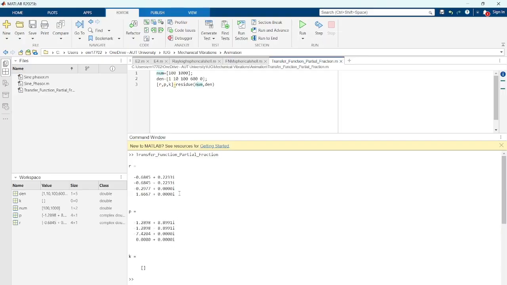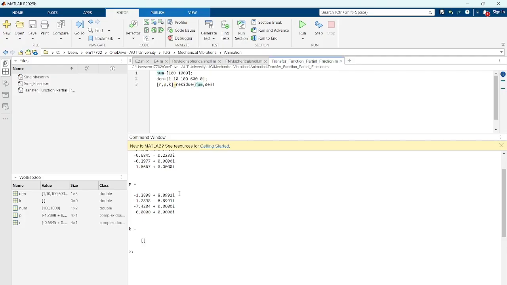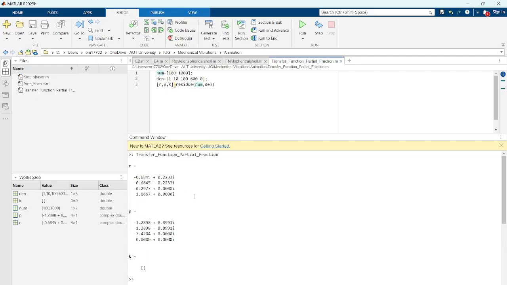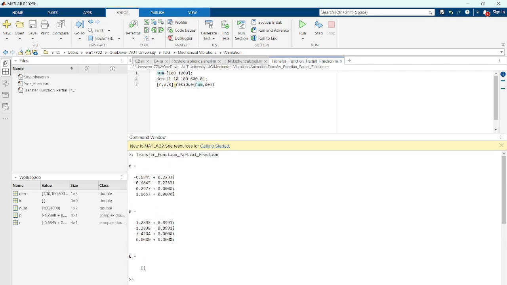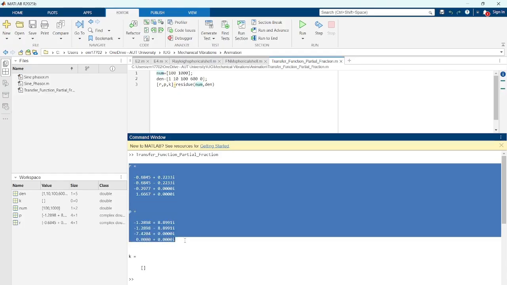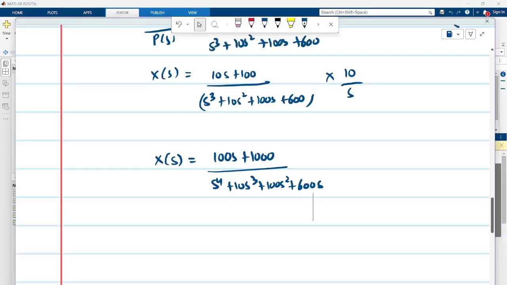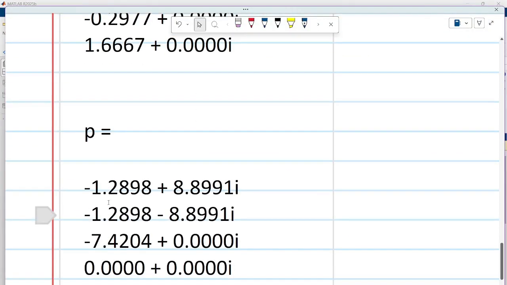Now it has calculated the partial fraction terms for you. Now you have the complex numbers here, and you don't have any direct terms. So I'm just copying that so that we can write it in the fraction form. Copy from here and write on this side.